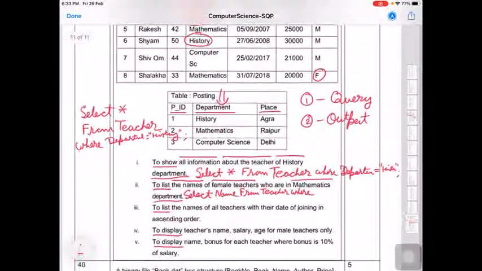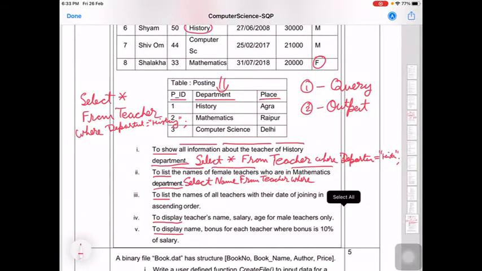So you will write where gender equal to, in single or double quotes, F. Now you have covered female teacher, but they must also be in mathematics. So you must write and department equal to mathematics. You must write it in complete; I have just shortened it. So this is your query.